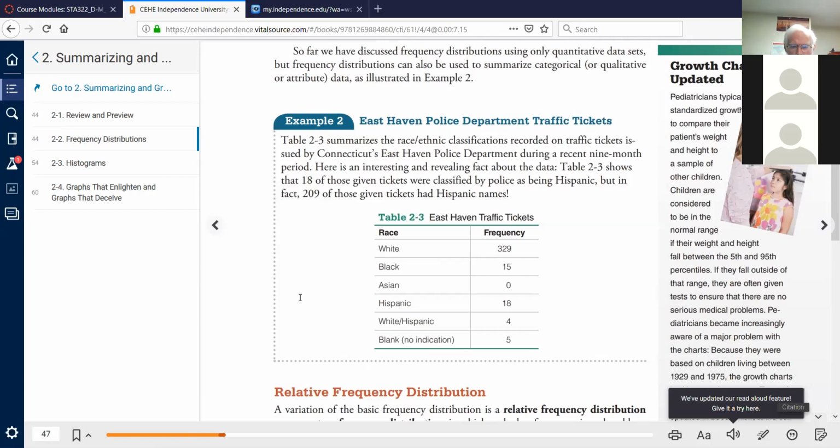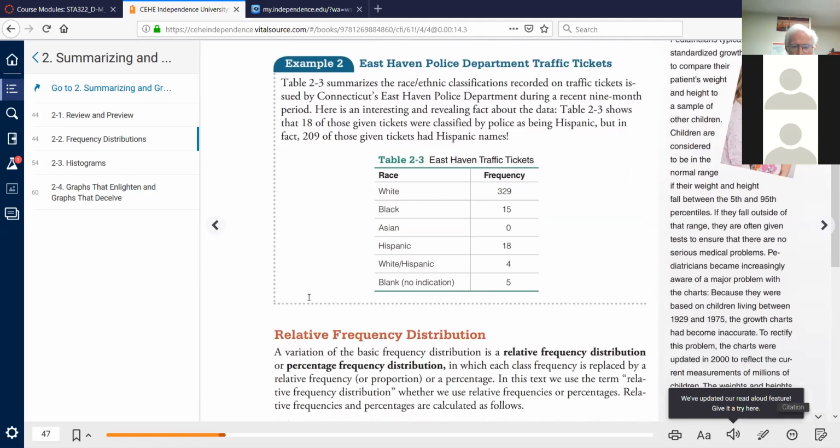So this particular group makes me look at it and say, before you can draw any conclusions whatsoever, you need more data. And this is an example to me of statistics that are kind of useless because we don't really know what they mean. As I say, 209 could have Hispanic names, but what if they are married to a person with a Hispanic name and look white?